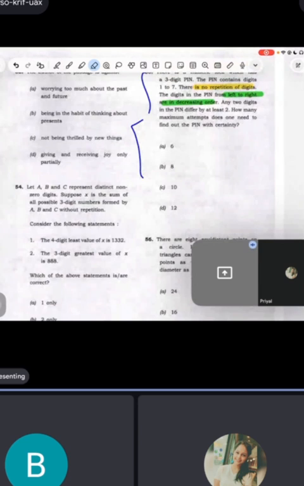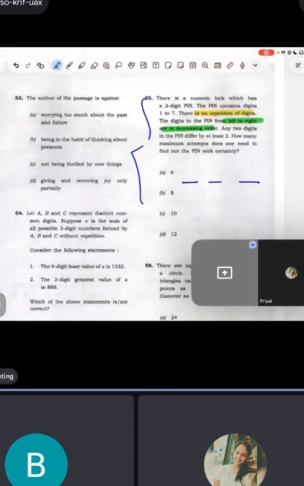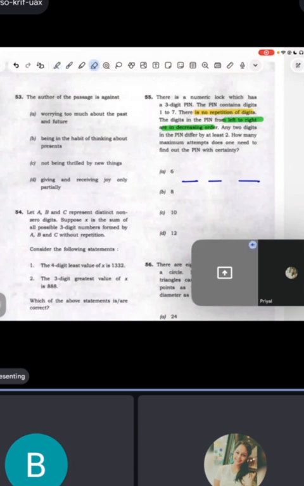See guys, these are the three pin digits. Now the question is given 1 to 7, we can use, right? So 1, 2, 3, 4, 5, 6, 7. So guys, let's start with 7 only, because we should always start from the largest value first. So suppose there is a 7, 7 is fixed now. So here what can be?